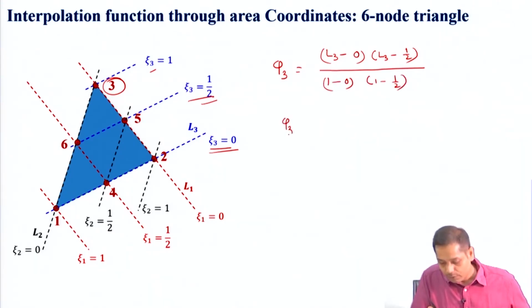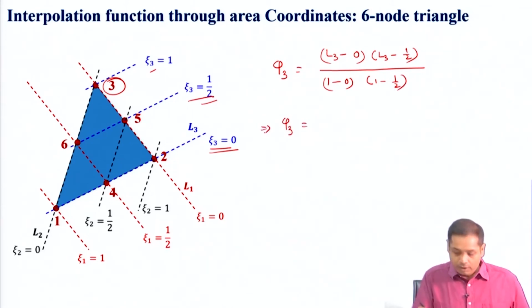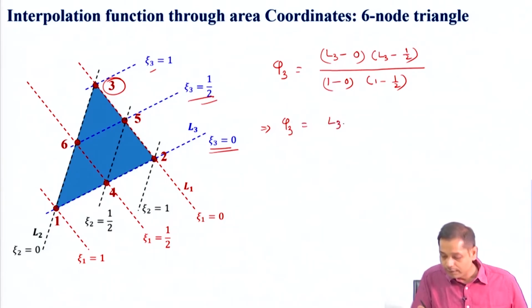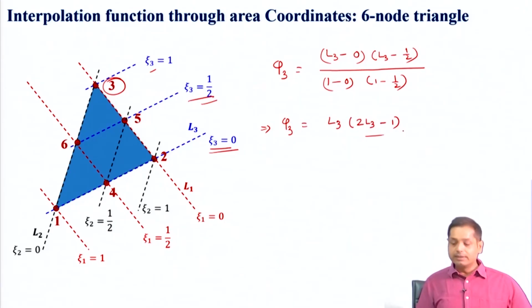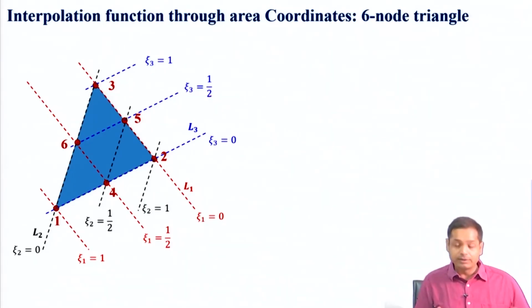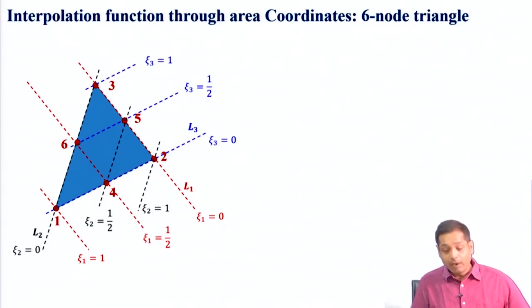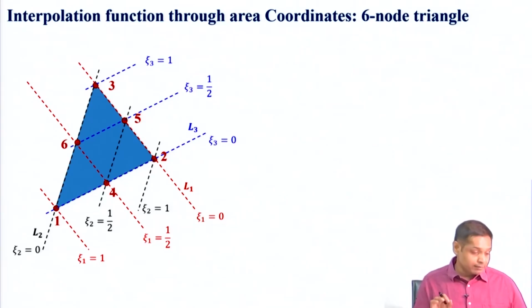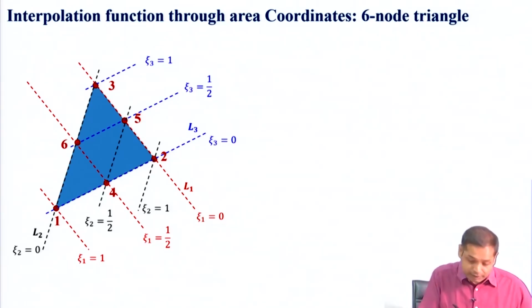So this gives you phi 3 is equal to L3 into 2 L3 minus 1. So this is our shape function for all the vertices, node number 1, node number 2, and node number 3. Applying similar logic, you will see that these satisfy the Kronecker delta property.